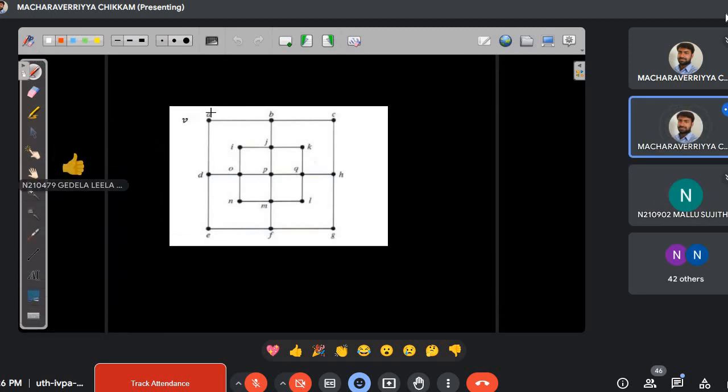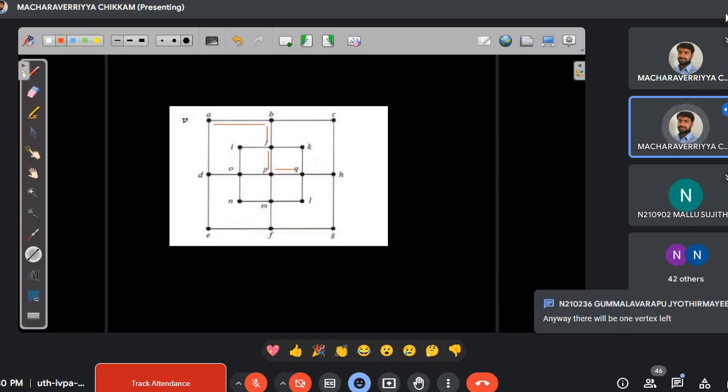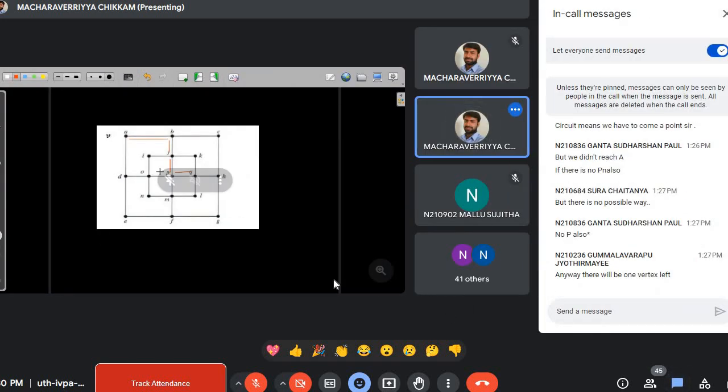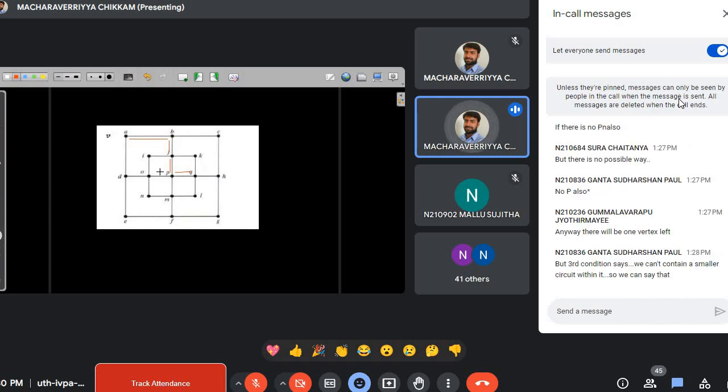All right, let me see. Starting at A, I would like to see A, B, C. And then how do you go? Okay, then I'll move to Q. We need to give a strong reason to say it has no. There will be no vertex left. What do you mean by that? Third condition says we can't contain a smaller circuit within it.